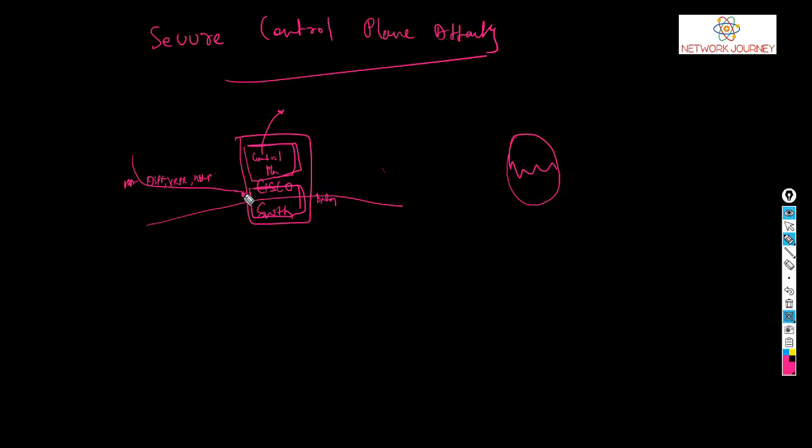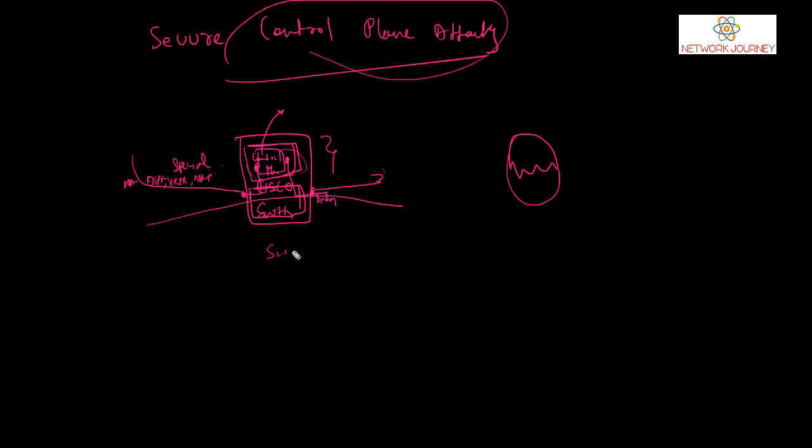It will send those special traffic to its control plane. The control plane has all the tables like the routing table and the ARP table, and it makes its lookup and says go back or go out over this interface. That's the work of the control plane, and we are talking about securing that control plane.